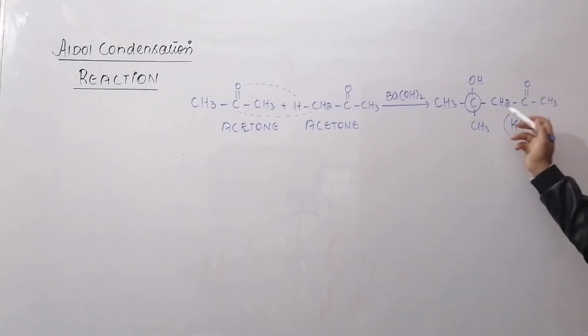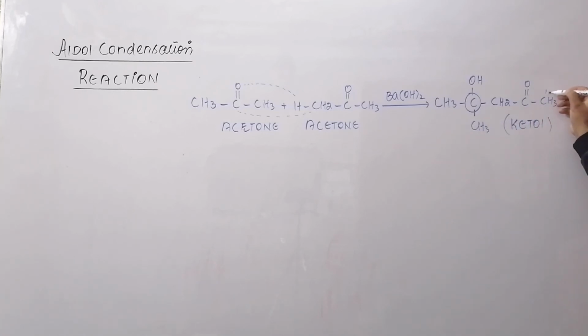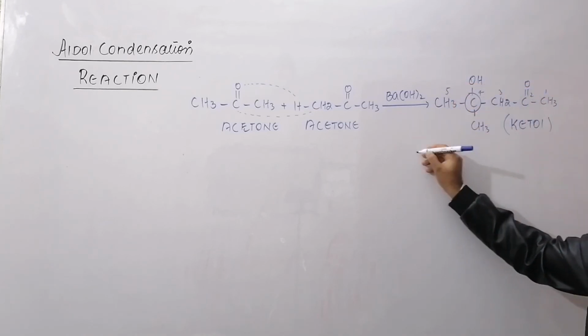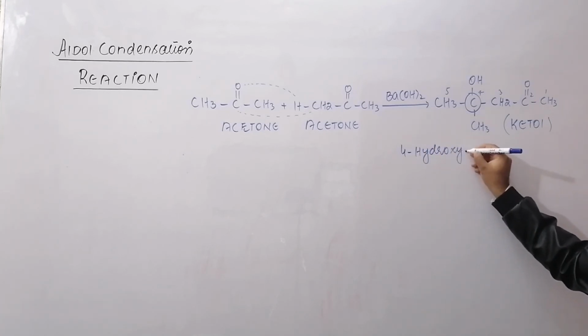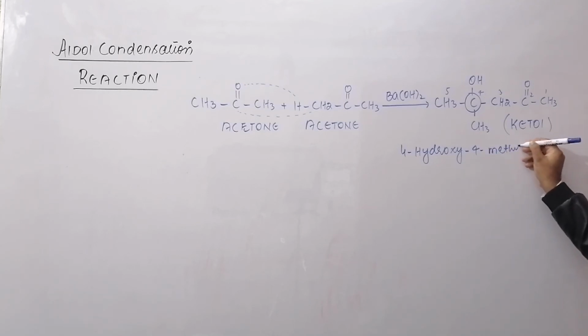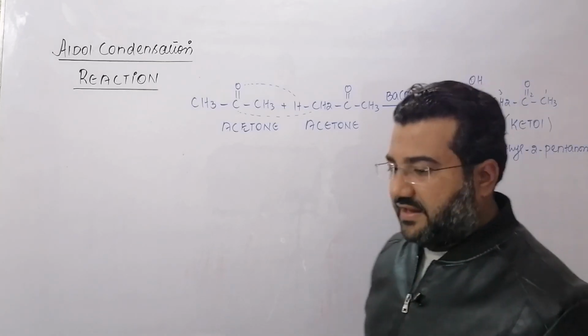Dear students, what should be the IUPAC name of this ketol? This one is carbon number 1, 2, 3, 4 and 5. So it is 4-hydroxy, 4-methyl, 2-pentanone, and it is a ketol.